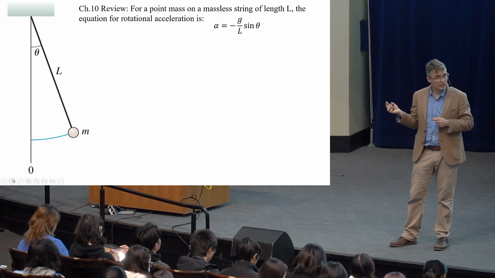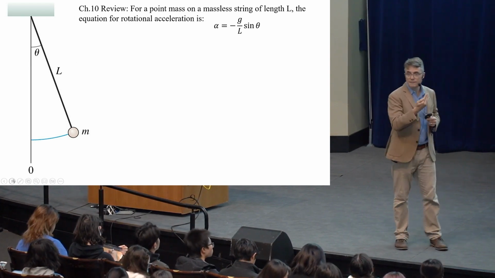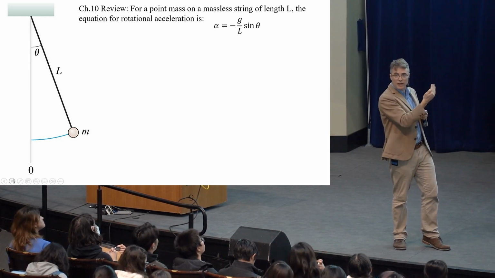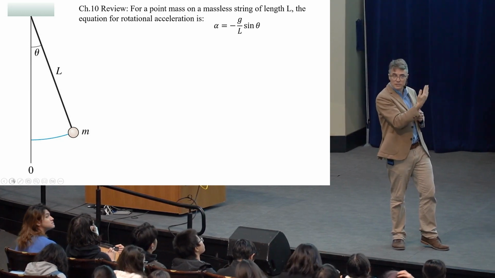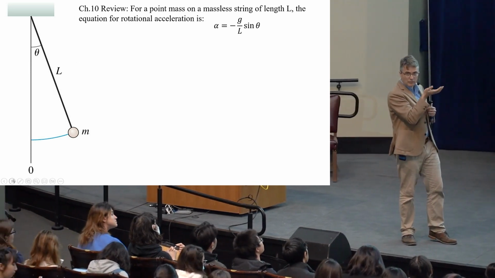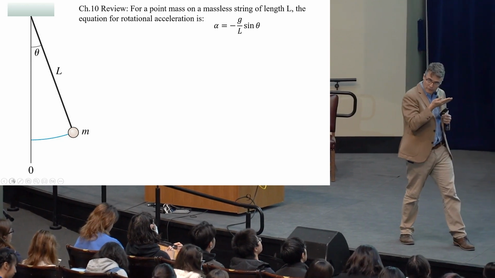The negative sign means that if theta is clockwise, then the acceleration is counterclockwise. It brings it back towards the bottom. Or if theta is counterclockwise, then alpha will be clockwise.